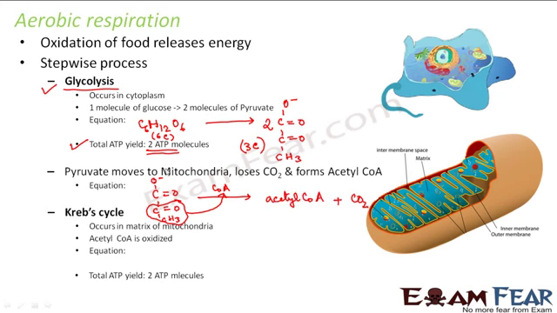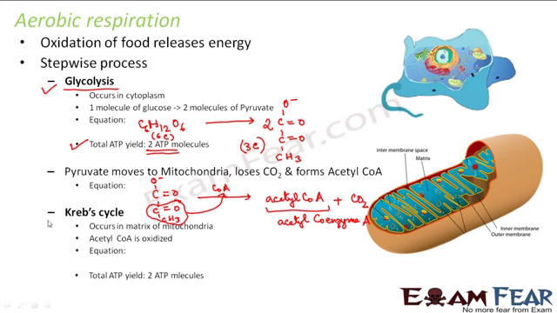This pyruvate, in presence of coenzyme A, will lose carbon dioxide. The remaining is the acetyl group. This acetyl group will combine with coenzyme A and form acetyl coenzyme A. So acetyl coenzyme A is formed. Where is it formed? It is formed in the mitochondria.